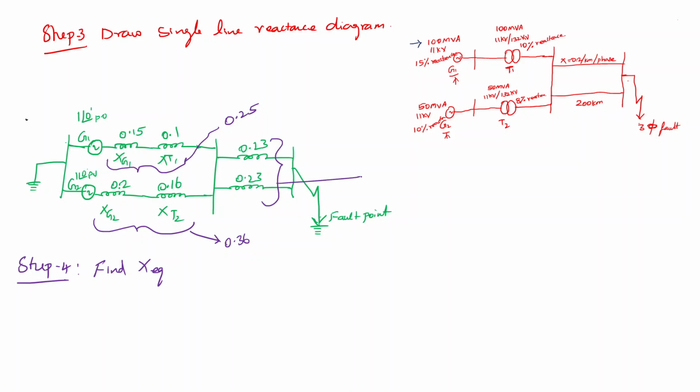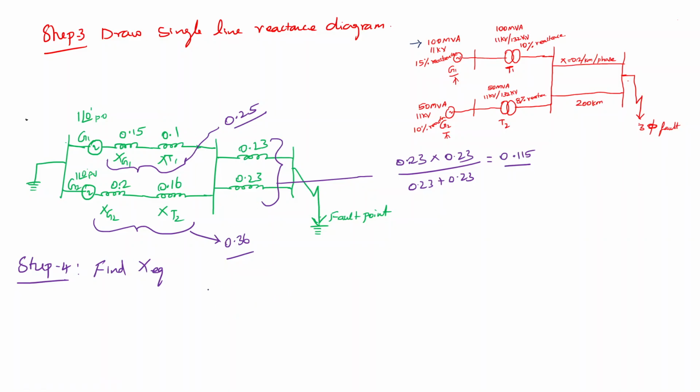I will write here: 0.23 into 0.23 divided by 0.23 plus 0.23. So what is the value? 0.115. Very good. So it is 0.115 and 0.25, and this is 0.36.